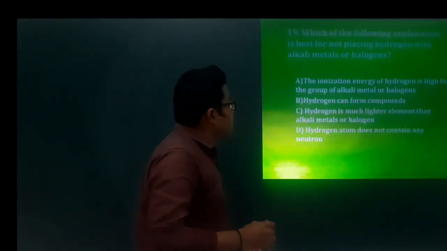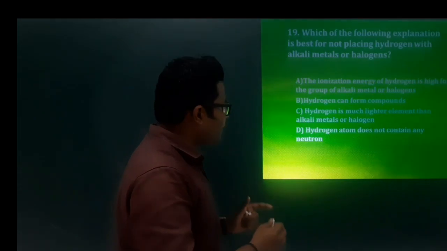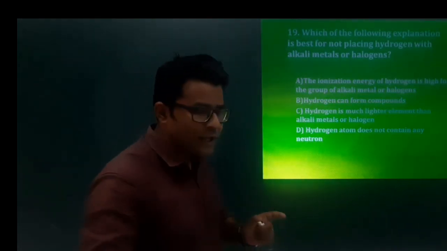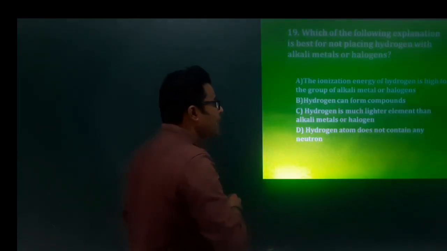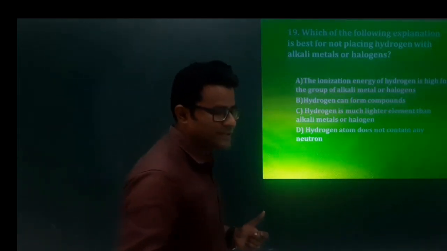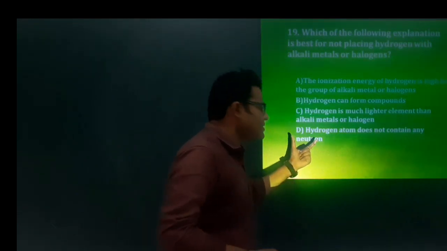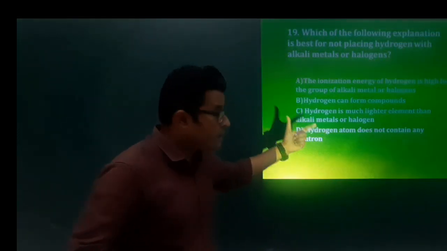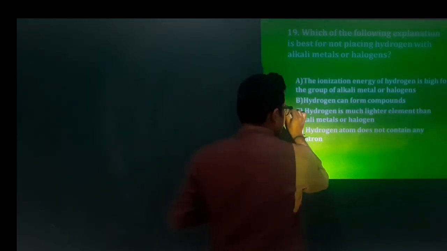Option C, hydrogen is a much lighter element than alkali metals or halogens. Option D, hydrogen does not contain any neutron. Option D is not a correct one. It has nothing to do with the neutron actually. It's about the weight.